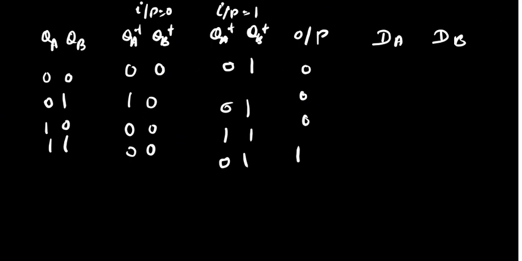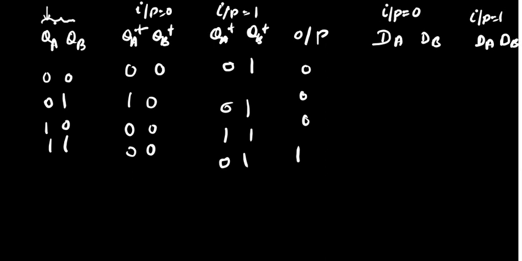So if you just observe here, input is equal to 0, DB, input is equal to 1, DB. First see this: when your flip-flop A is in QA state and input 0 arrives, what type of DA input will provide you 0?